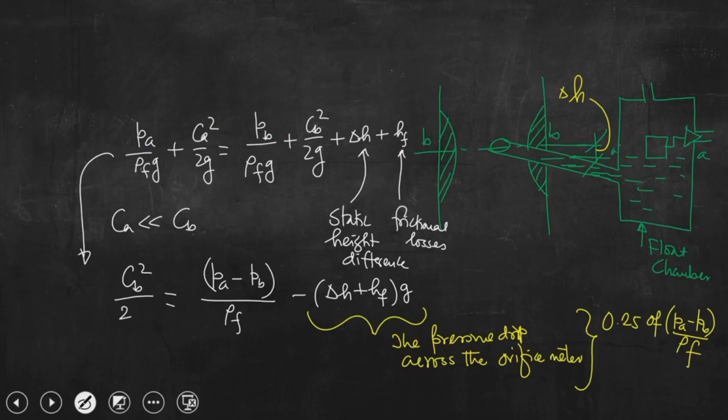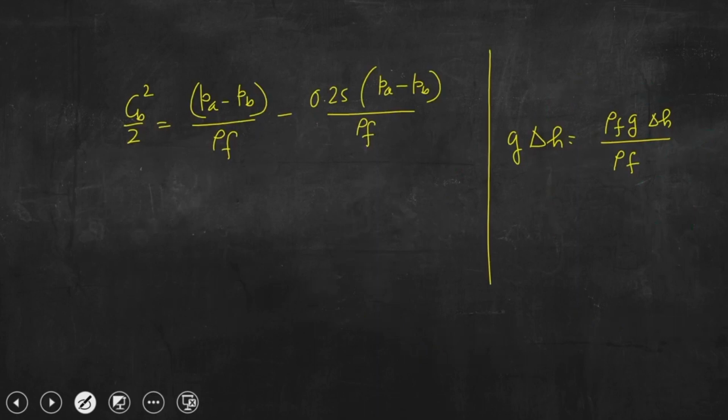So, if we go back to the previous slide, delta H into G can be written like this, and H f into G. So, basically it can be written that rho f into G into H f divided by rho f.